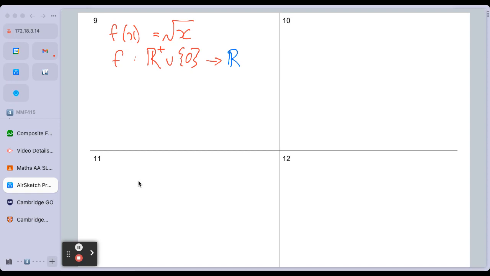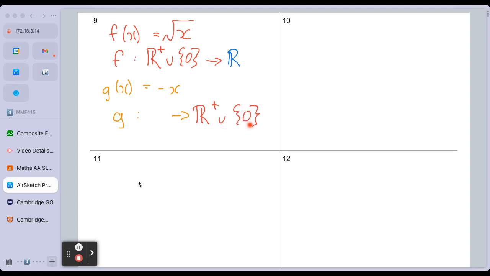Okay. So g of x is equal to negative x. And in order to make it work, we are going to restrict it so that its range is also the set of real numbers as well as 0.